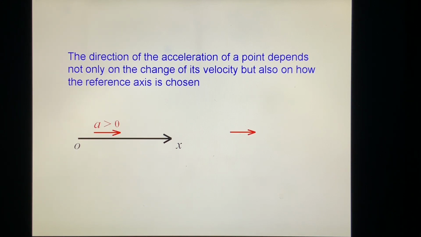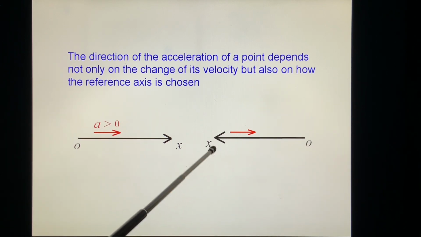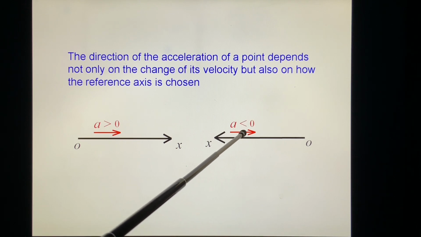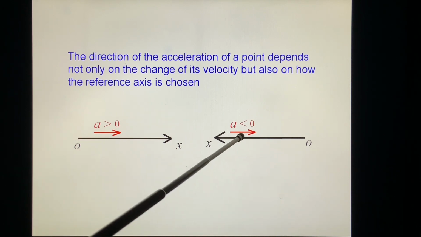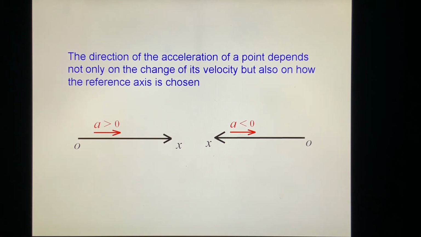Same acceleration: if we take the reference frame x positive to the left, in this case a is smaller than 0. Whatever, they are the same movement. It depends on how I choose the direction of the frame. Both are right.